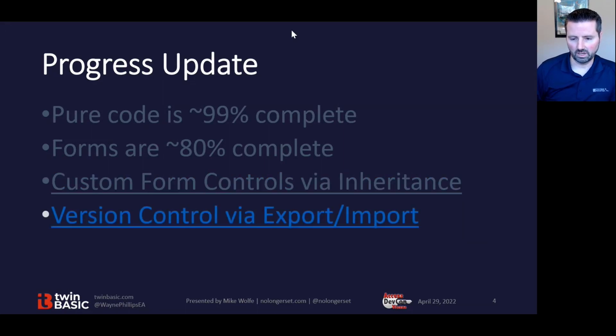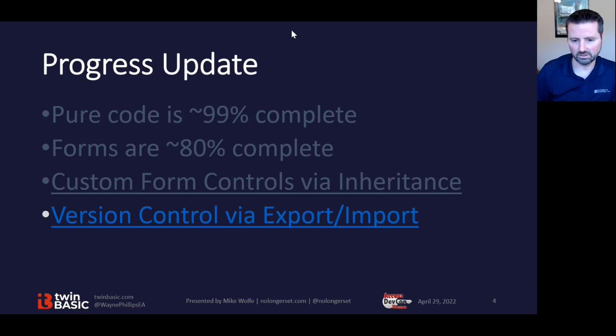The other thing that's new from last year is that version control is available. The code is stored in a binary container file right now, but Wayne implemented an export-import command line argument. On these slides, where you see the underlines, those are URLs, and you can get a copy of the slide deck from my website and click on these to go to the specific pages that have additional information.